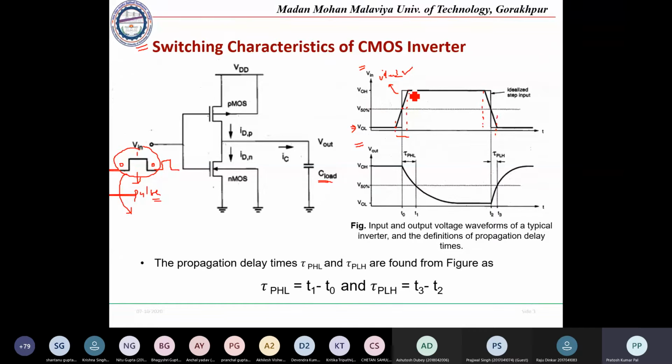This is the highest value, the VOH value, that it has achieved. But the input has started at this point. At this point the input has started to increase, but there will be no change in the output. The output will remain the same as it was previously. It was high, it will remain high. It will change only when the input has reached 50%.